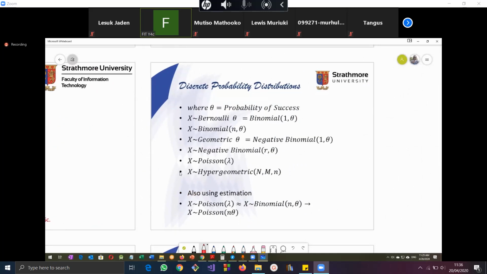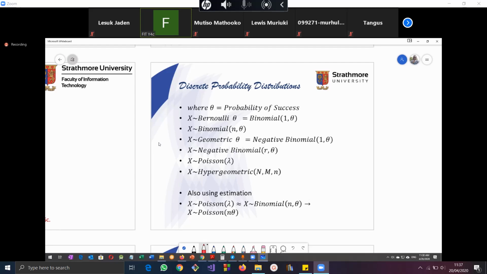There are so many distributions. You can even create your own distributions. But these are the main distributions that you are going to be focusing on. The list is not exhaustive, depending on what you're studying. Some people study computer vision, others study NLP, others study image processing, others study so many application areas of machine learning and AI.